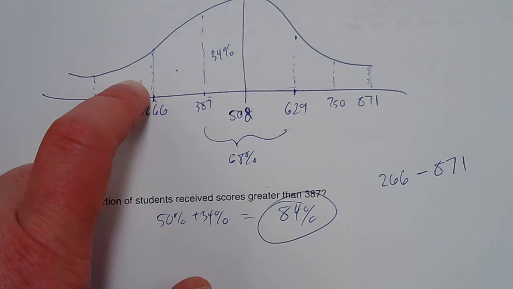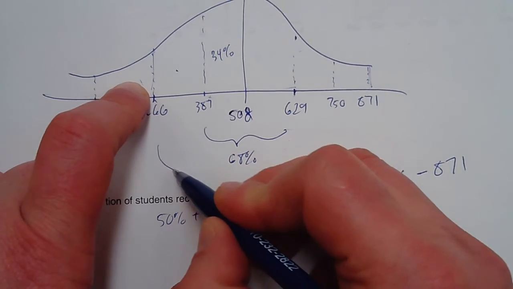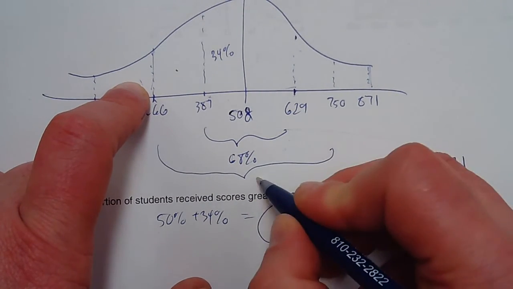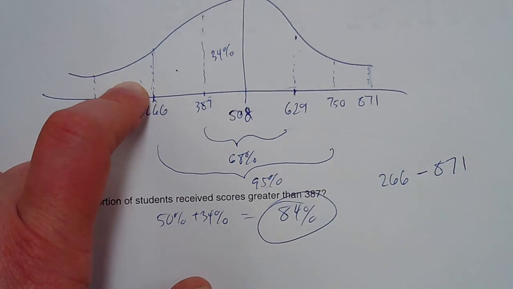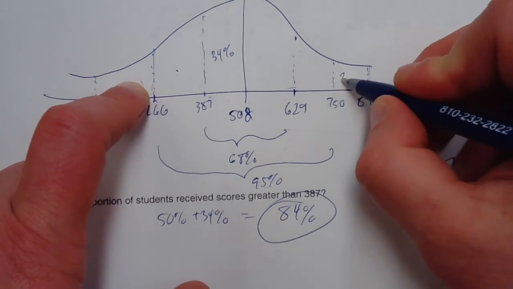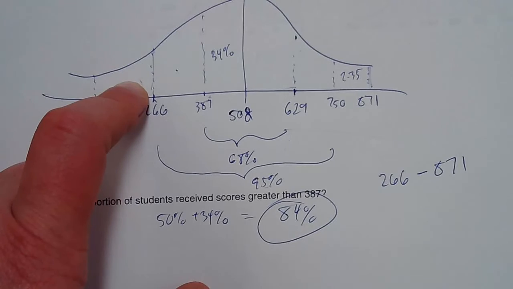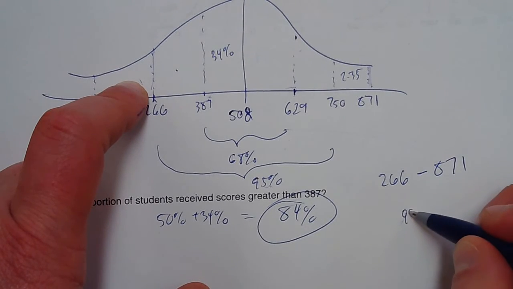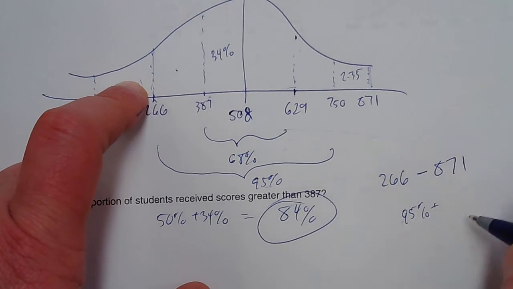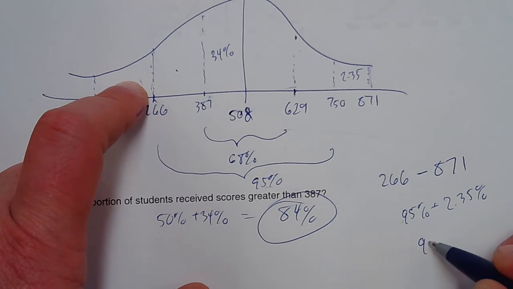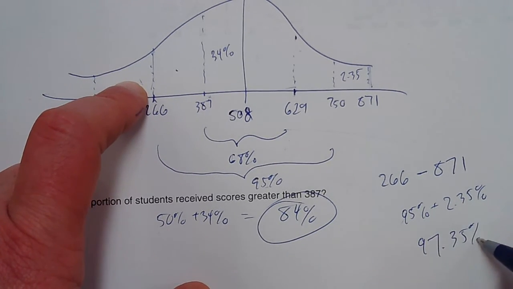So I would use the fact that from 2 standard deviations to 2 standard deviations is 95%. And then remember, we said this was 2.35%. I would then just add those values. So it's going to be 95% plus the 2.35%. And altogether, that'd be 97.35%.